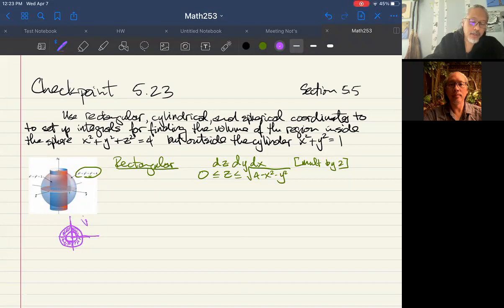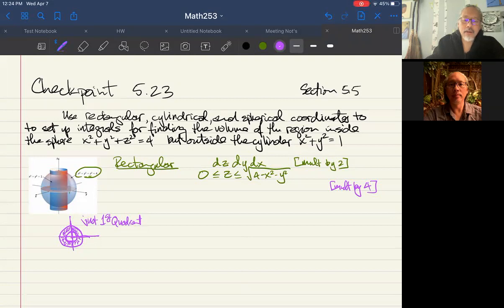We'll make a note: just first quadrant, multiply by 4. So we're going to multiply by 2, and then by 4. Basically, we're going to find the volume in the first octant and multiply everything by 8. I guess that's the bottom line.